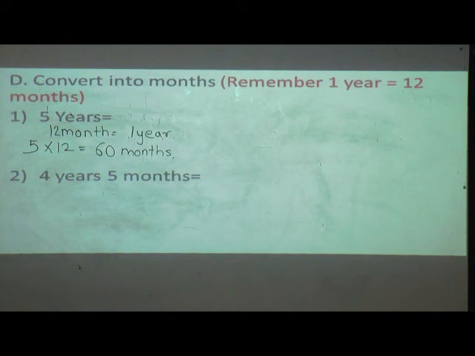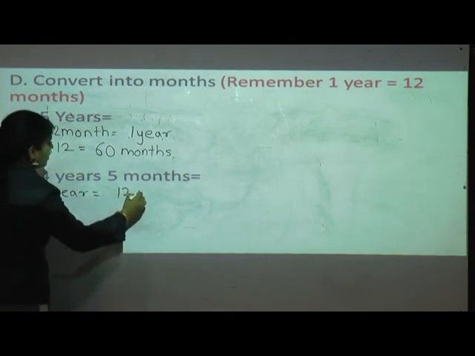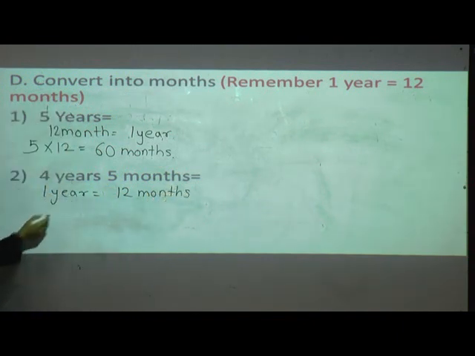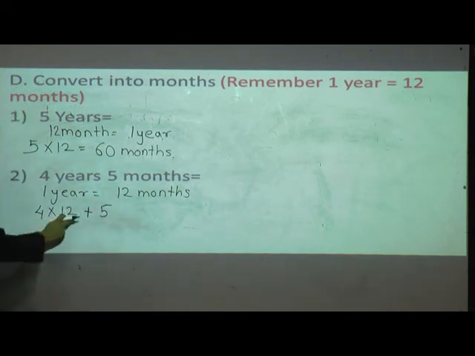Again fourth one, 4 years and 5 months. So again write here 1 year is equal to 12 months, and students 4 years. So just multiply 4 by 12 and add this 5. That means 12 multiplied by 4.